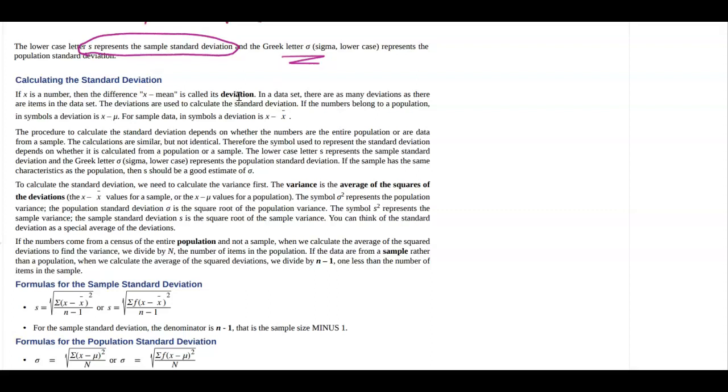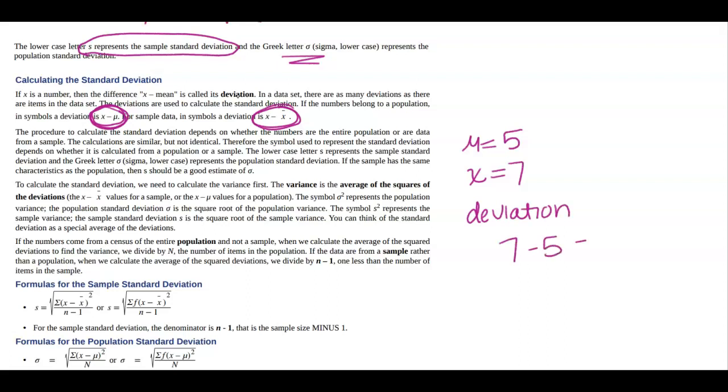If you find all of those, either x minus mu or x minus x bar. For example, let's use Rosa. So 5 was the mean. She was at 7, and so her deviation is 7 minus 5, which is 2.